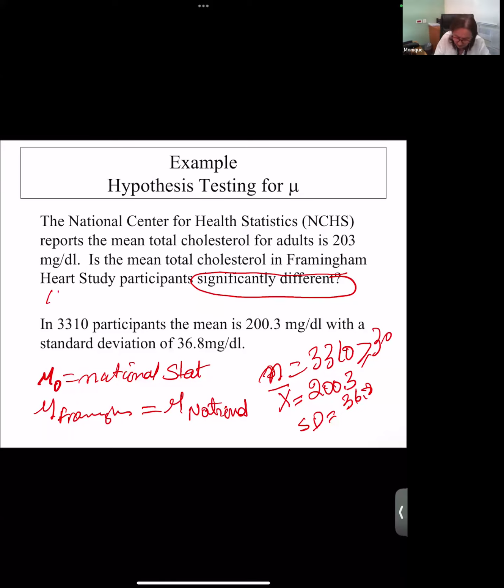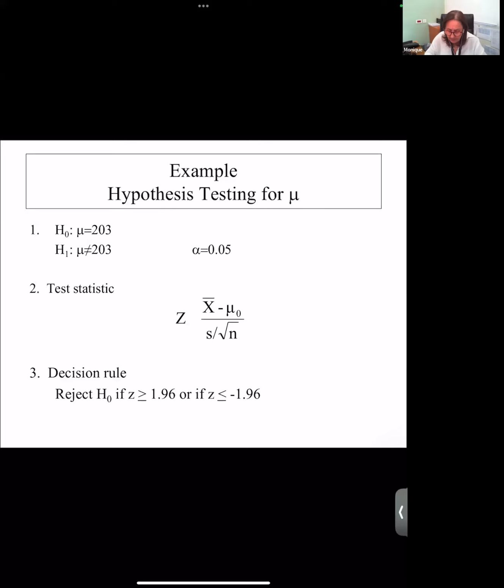So H0, again: mu of Framingham equals 203. And the HA: mu of Framingham is different, only different than 203. So this is mu 0. All right? Okay, now the test.